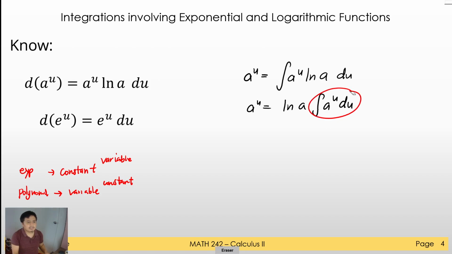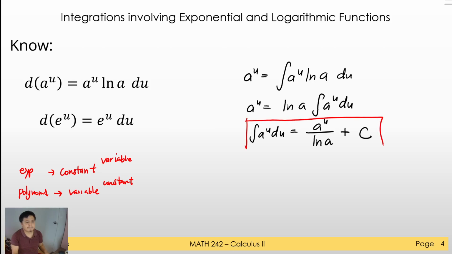Isolating this integral, the integral of a raised to u du is equal to a raised to u over ln a. Upon evaluation, we have to add an arbitrary constant. Okay, so this is the integral of a raised to u du.